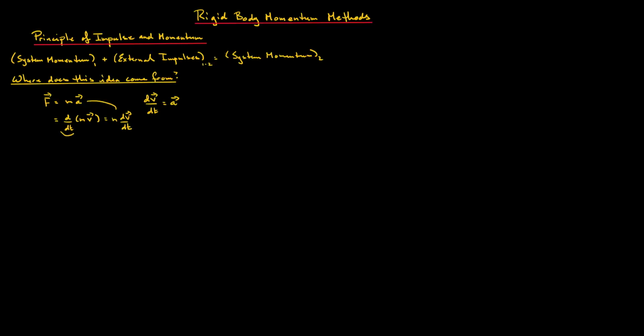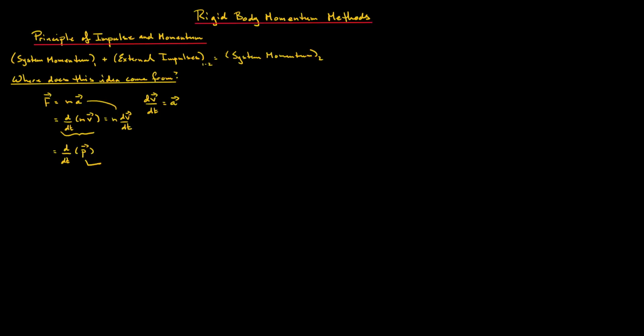But let's focus on this formulation over here. You may recall from high school that the term in brackets can be expressed as the quantity p, and this is called the momentum vector.